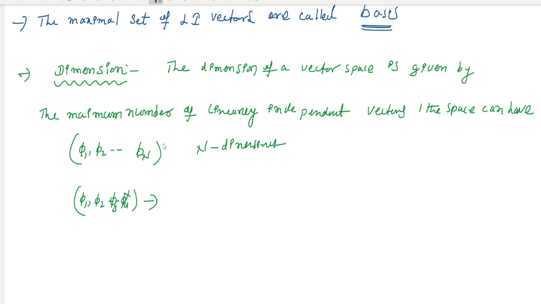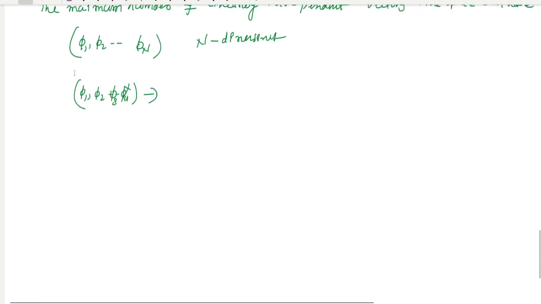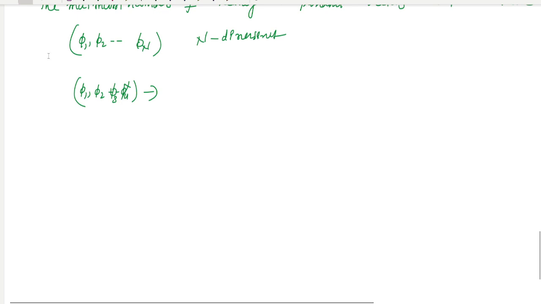That is very important. So for simplicity, I'm going to take here the two-dimensional vector space, x comma y.